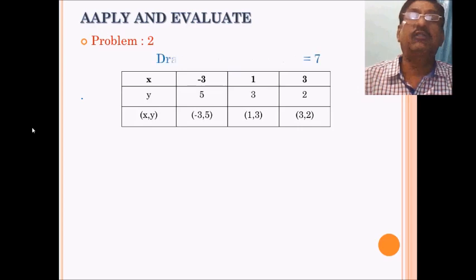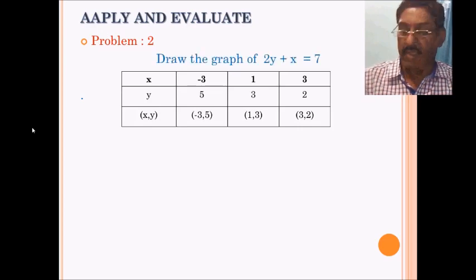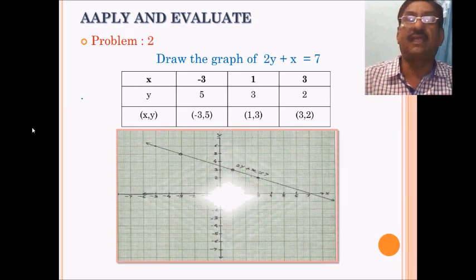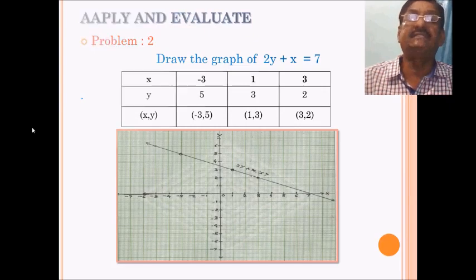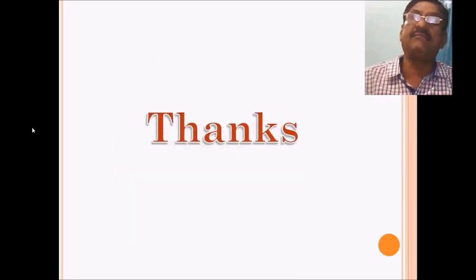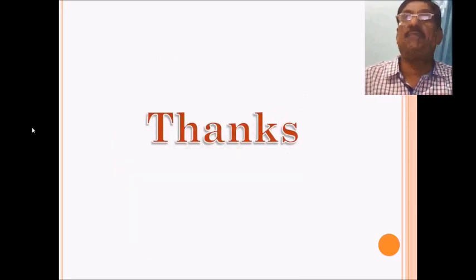The ordered pairs are shown on the graph paper, and we will draw the graph of this. These points are joined by a straight line, and we will get the graph of this equation in such a manner. In this way, we can plot the graph of any line on the graph paper.